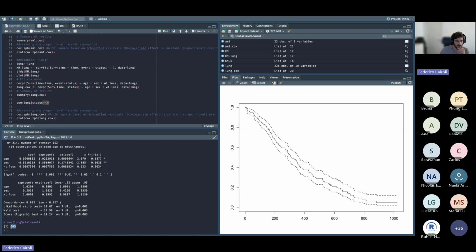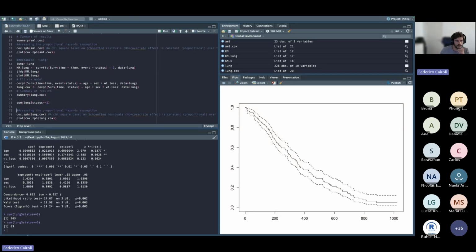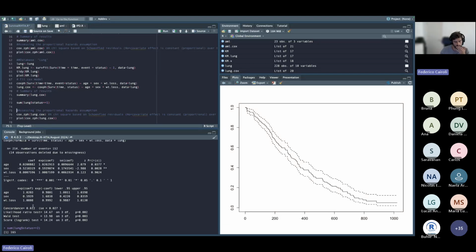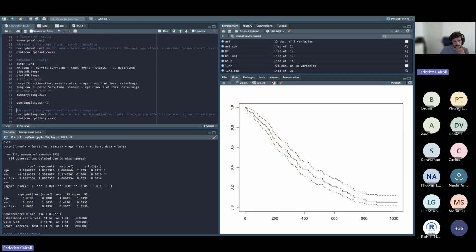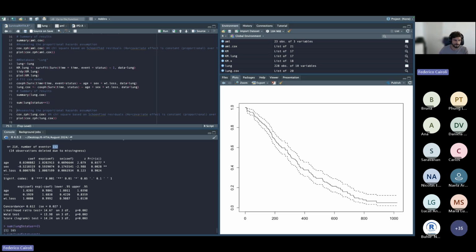So you will find that we have 165 events. If you put 1, this is the censored patients, 63 censored patients. So we can be sure that R is understanding well that these are the total number of events from this lang database. So here we have 3 different variables, not just one: age, sex, and weight loss.